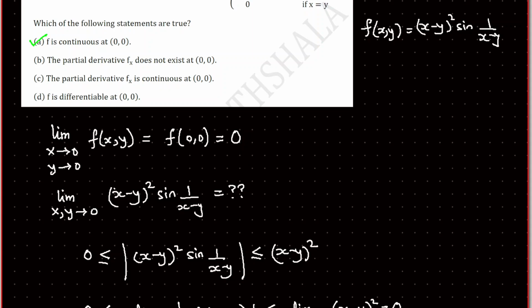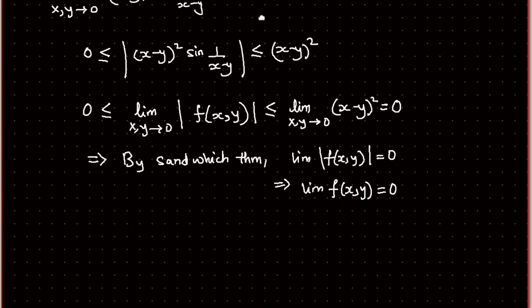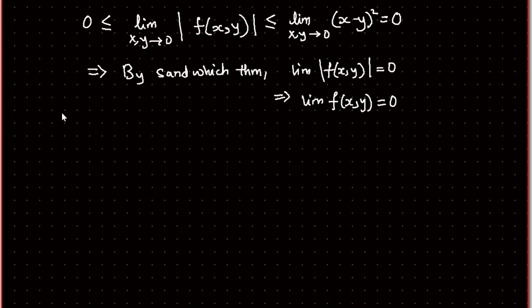The next option asks us to check whether the partial derivative exists or not. So how do we go ahead? To check the partial derivative of f with respect to x, we need to check this at the point (0,0).